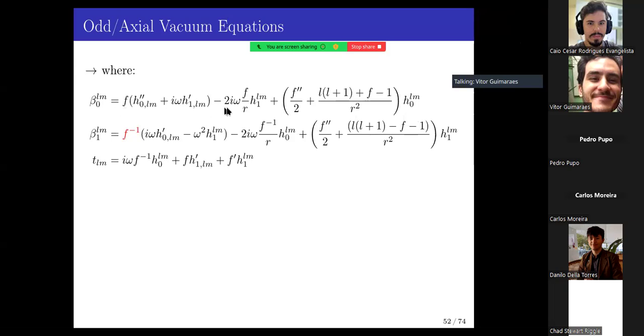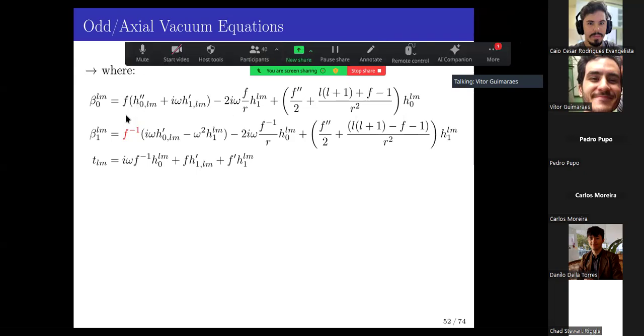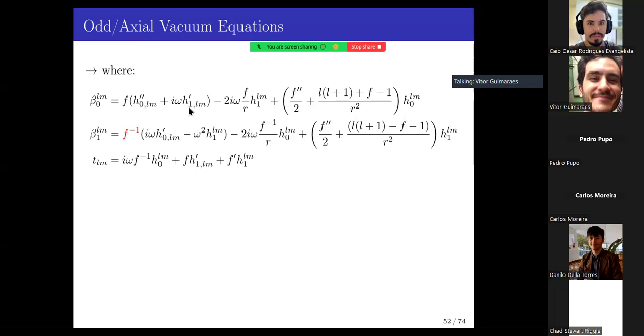A reminder. If you try to check this equation and compare it with the ones obtained by Berti and by Valeria Ferrari, you're going to see that they are a little different, because here is the completely general equation, in the sense that I'm not assuming any particular form or value for f, right? In both Berti and Valeria, they assume that f is equal to 1 minus 2m over r, right? Which is the Schwarzschild function. Here, this is more general, right?